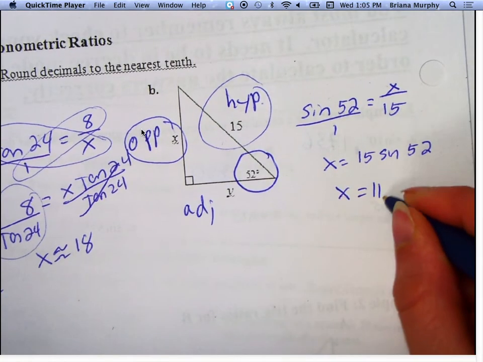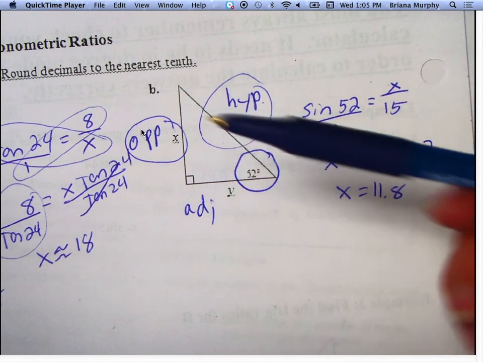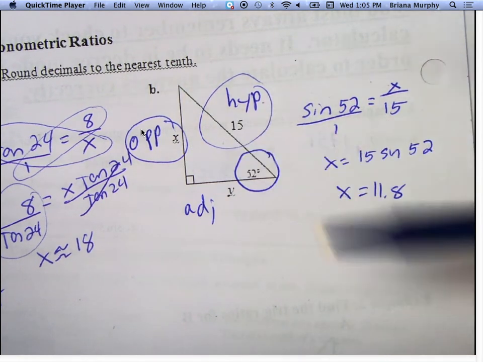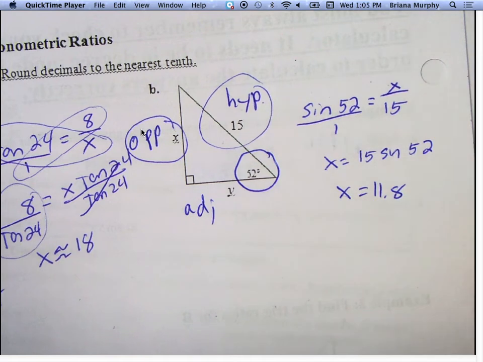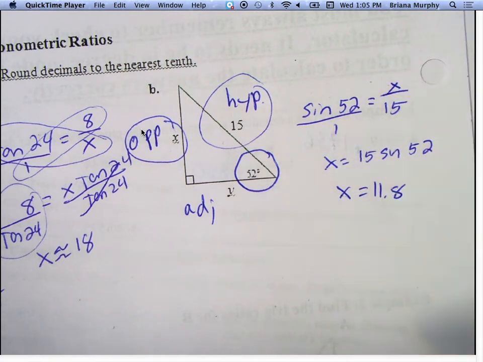I am trying to find x. The only other side with a number next to it is the hypotenuse because the adjacent has a y. So I know if I'm trying to find opposite, I can't use adjacent because I'll have 2 letters and I just want 1.